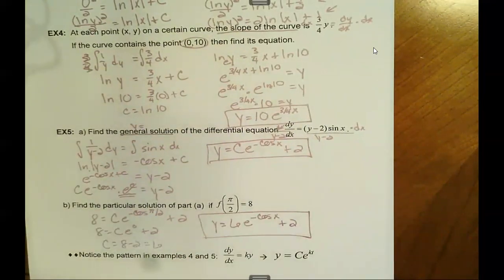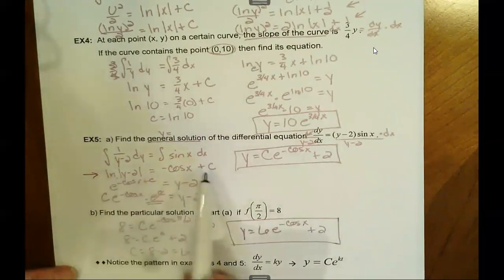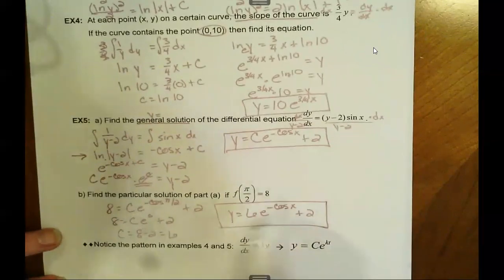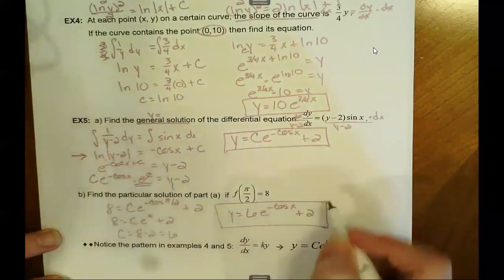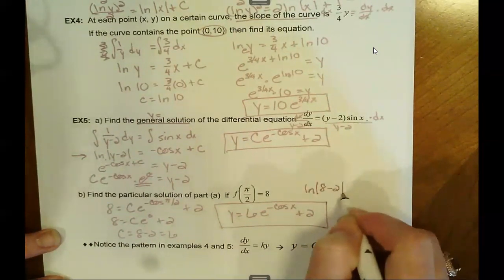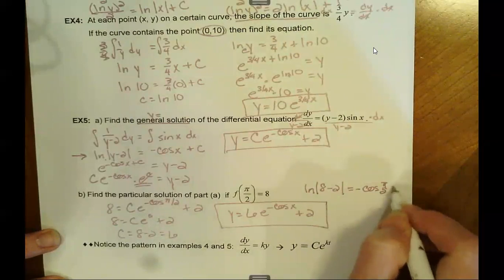All right. So what I'd like to do is go back and talk just a minute about when we rearrange this right here. If we had taken this form before we rearranged, and in this form went ahead and plugged in our particular solution, now, this only works if you need the particular solution. So I put in right here, ln of 8 minus 2 equals negative cosine of pi halves plus c.